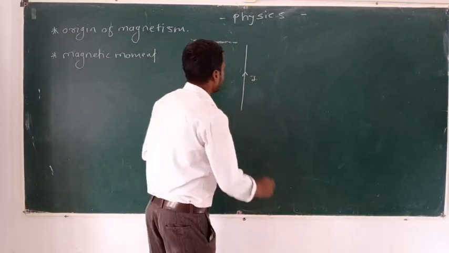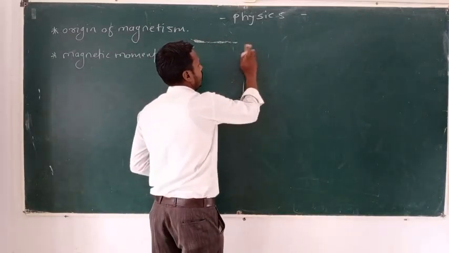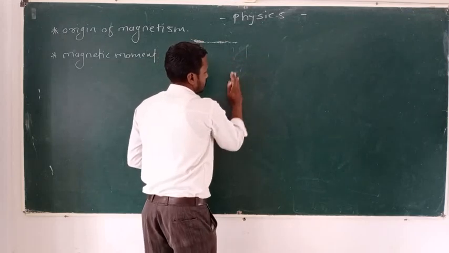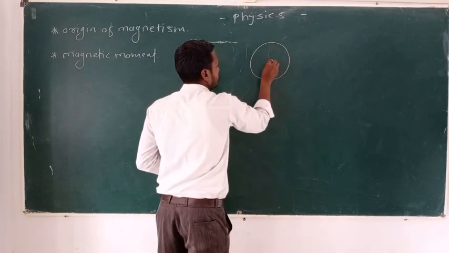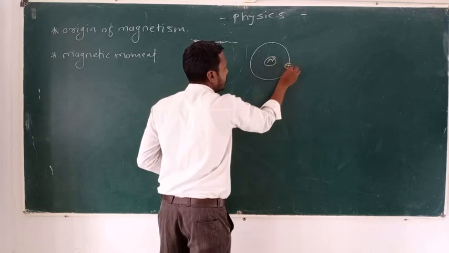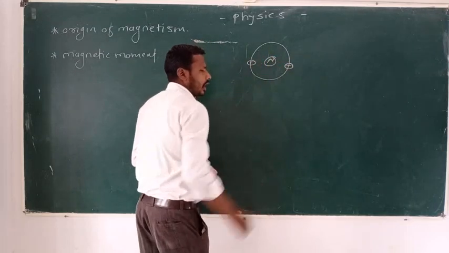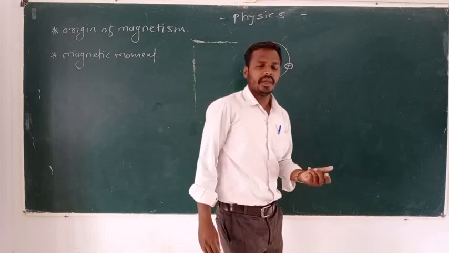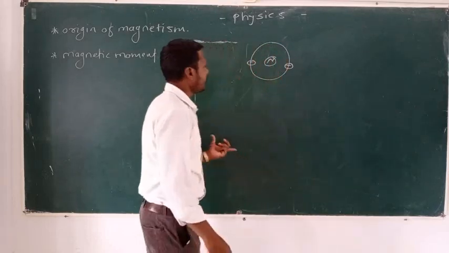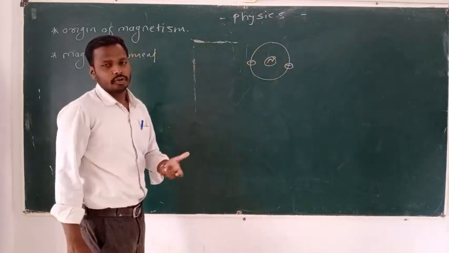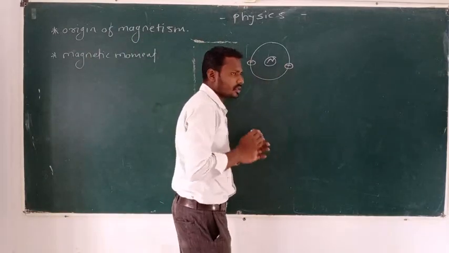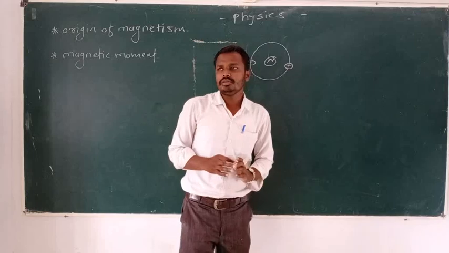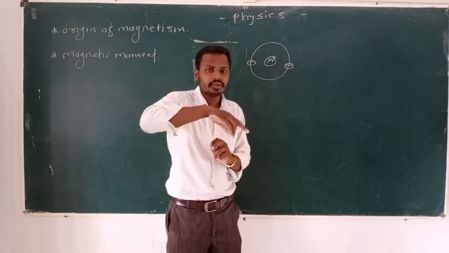Now we know that in an atom, this is the nucleus and electrons are revolving around the nucleus. We know that a moving charge produces magnetic field. These are the electrons having some charge and these electrons are not steady, they are continuously moving.